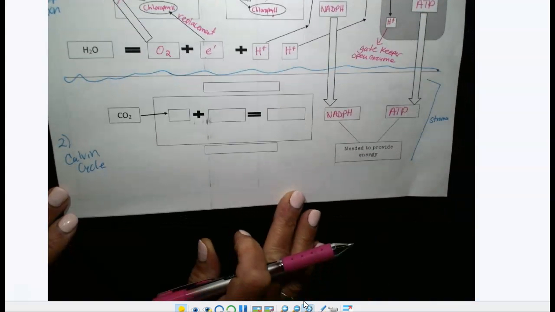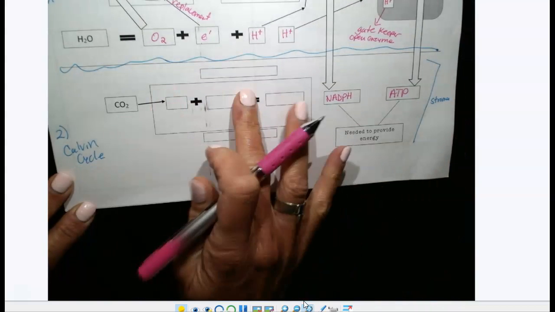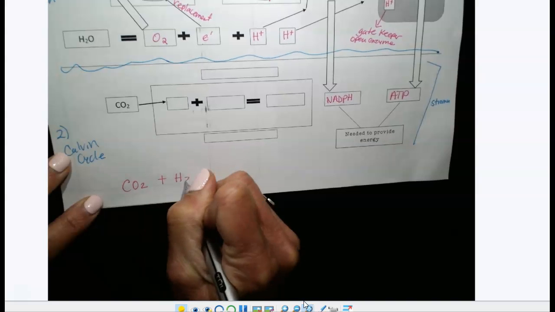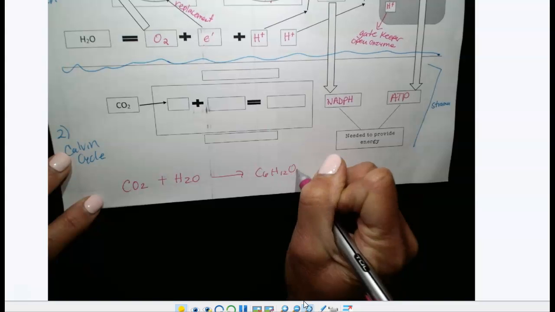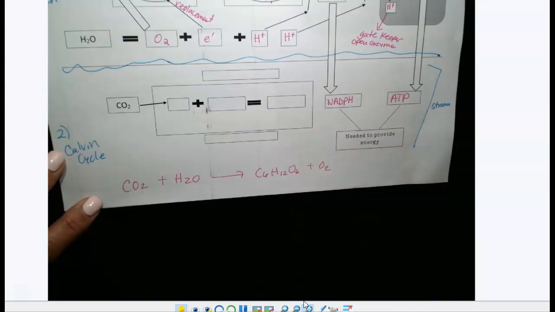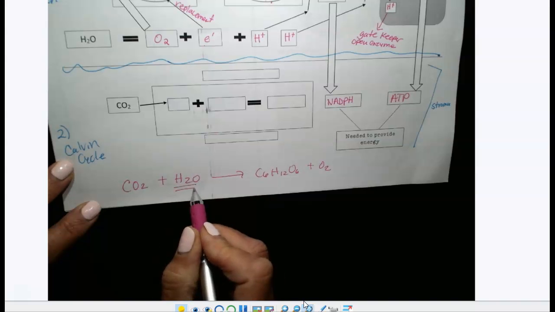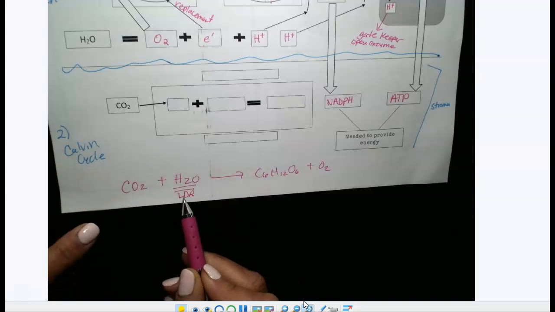Okay, so I'm going to come down here. Our reaction was CO2 plus H2O yields C6H12O6 plus O2. So right now what we've dealt with is the water, okay? The water was in the light-dependent reaction, right?